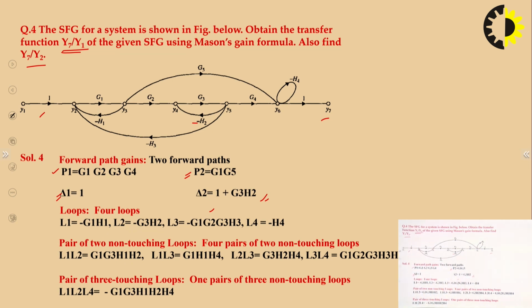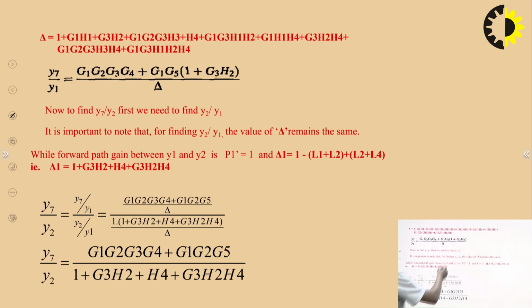Among pairs of 2 non-touching loops, L1, L2 are non-touching, L1, L3 are non-touching, L2, L3 are non-touching, and L3, L4 are non-touching. There also exists a set of 3 non-touching loops, which is L1, L2 and L4, so this is minus G1G3H1H2H4. So we can write delta like this. So y7 upon y1 is simple: P1 delta 1 plus P2 delta 2 upon delta.